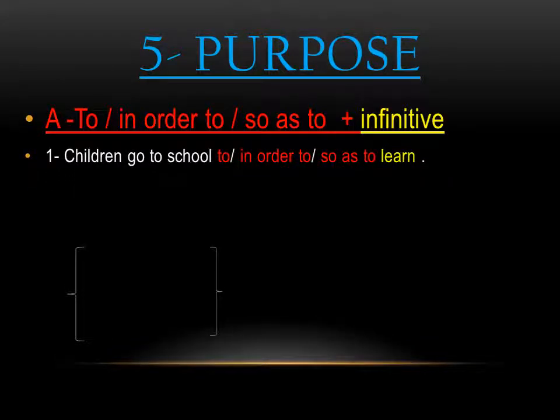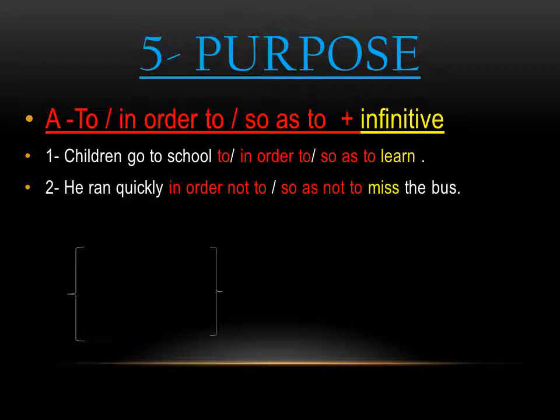Example number 1: children go to school. Why? To learn, or in order to learn, or so as to learn. So if you want to use to, in order to, so as to, you should use infinitive after them.